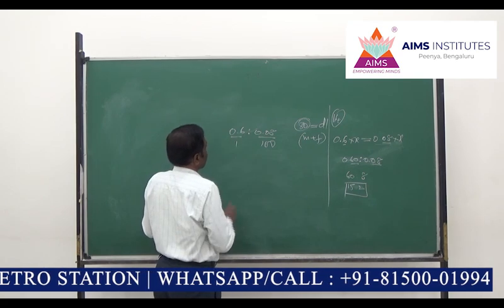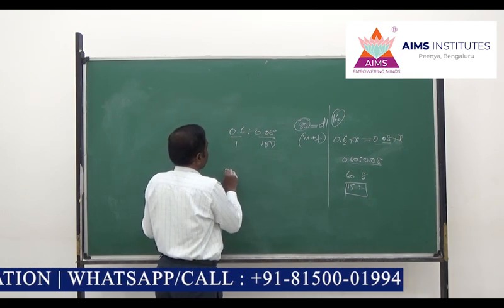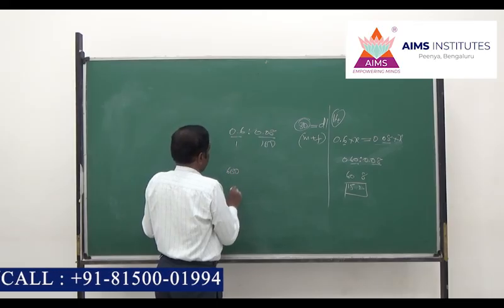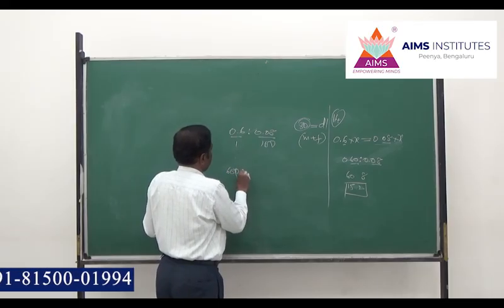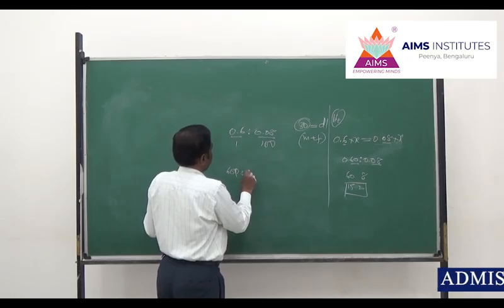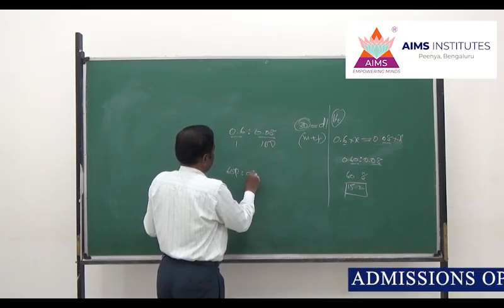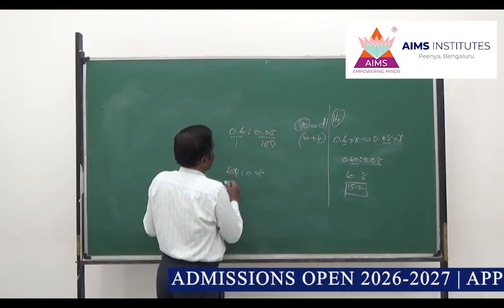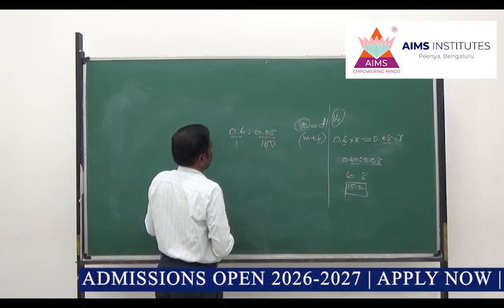If you cross multiply, it is also 600 and 8. Even then it will get less than 2.